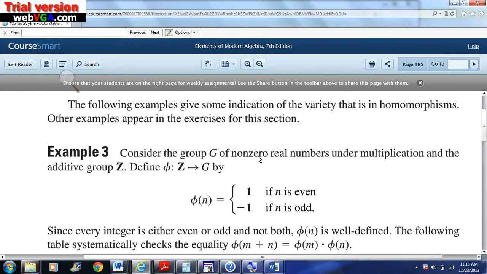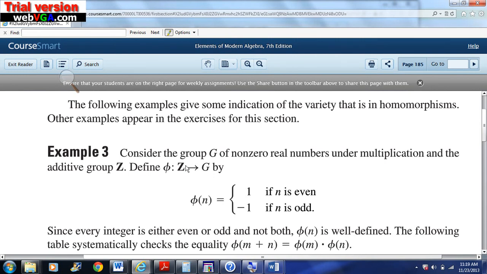Consider the group G of non-zero real numbers under multiplication and the additive group Z, defined by phi such that Z is mapped into G. So this time Z is mapped into G. Up to this point, we've been talking about G as being mapped into G prime.